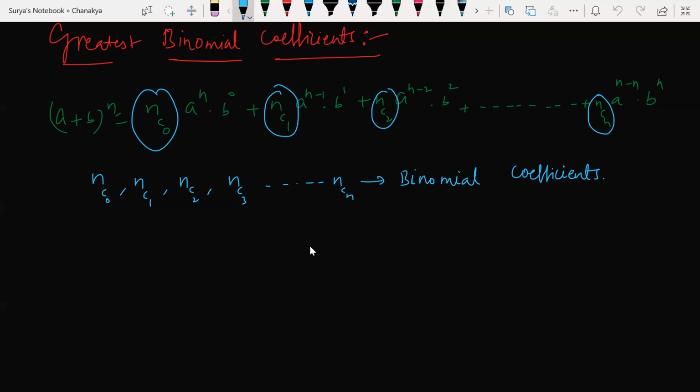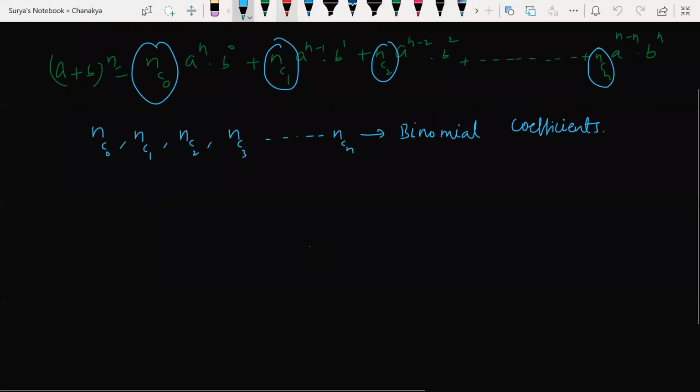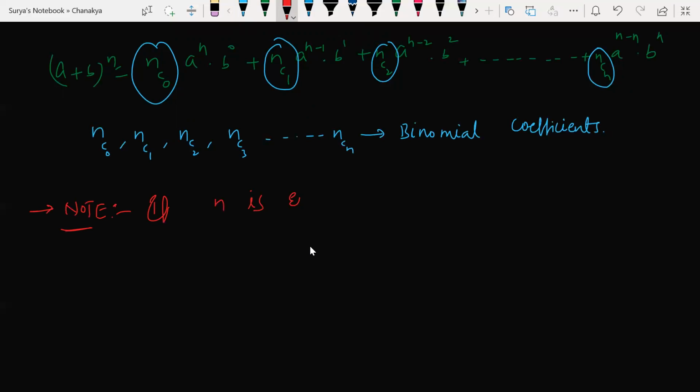Now here we have a couple of formulas. Everyone take a note here. If n is even, then nC(n/2) will be the greatest term.